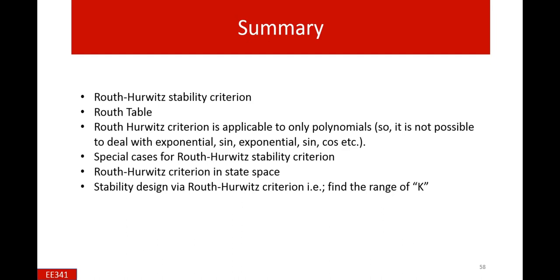We also discussed two special cases: when the first term of the first column is 0, and the second case when the whole row is equal to 0. We also discussed how to apply the RH criterion in state space, and in the last portion we studied how to design the values of the controller by using the stability criterion.